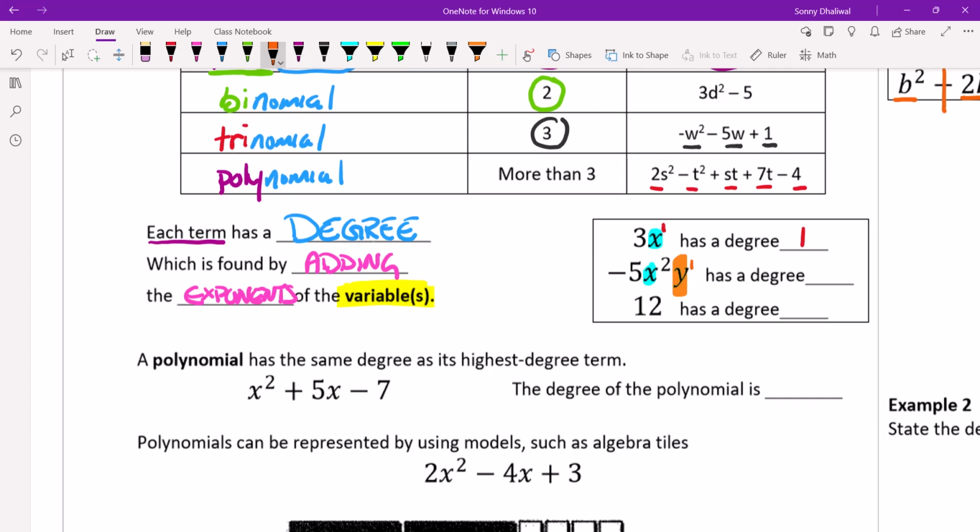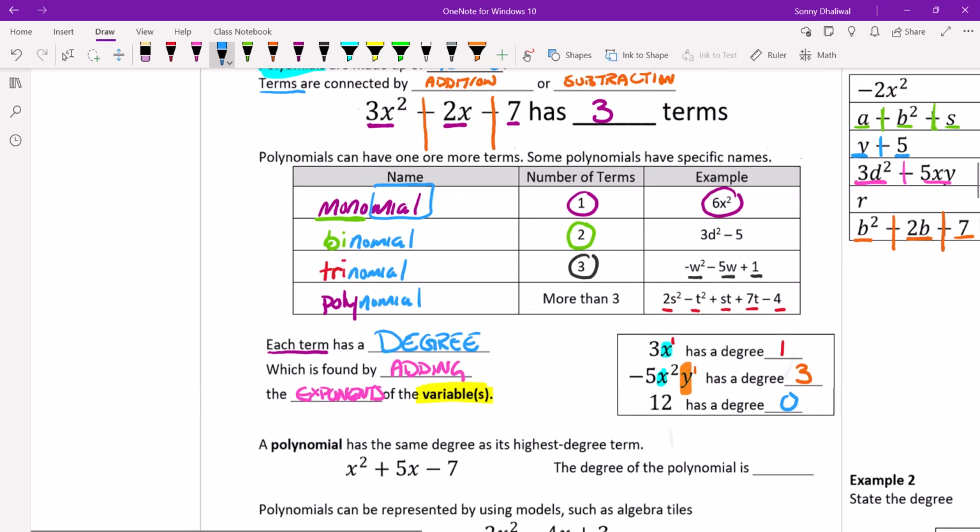That's it. 2 plus 1, 3. Right? Last one, 12. Does it have a variable? No, it doesn't have a variable, so it can't have a degree. So its degree is 0 because it doesn't have a variable. Okay?